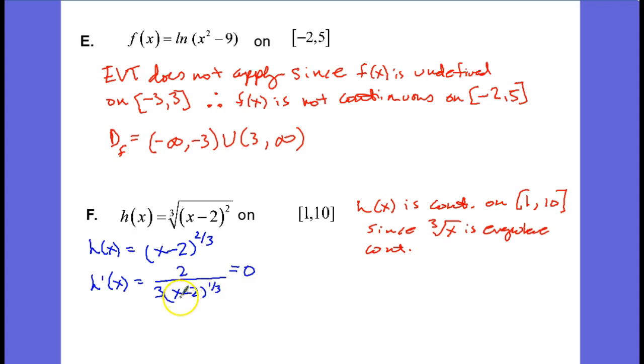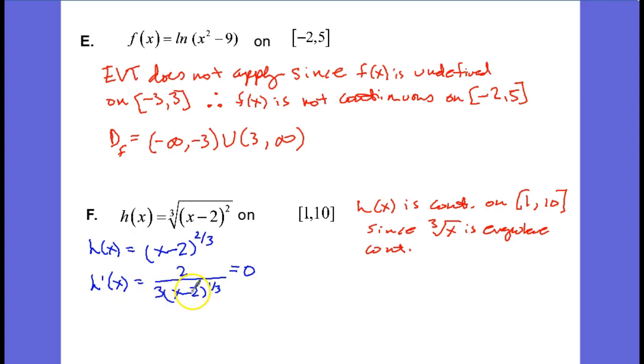Well, what if x is equal to 2? In this case, it makes h prime of x undefined.